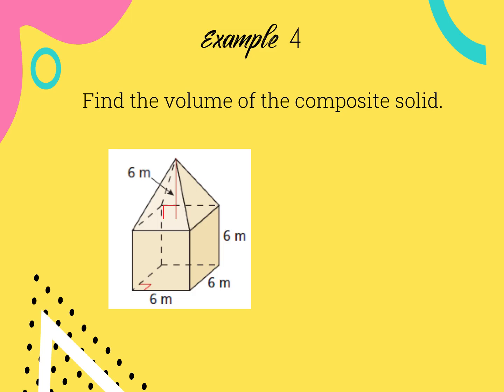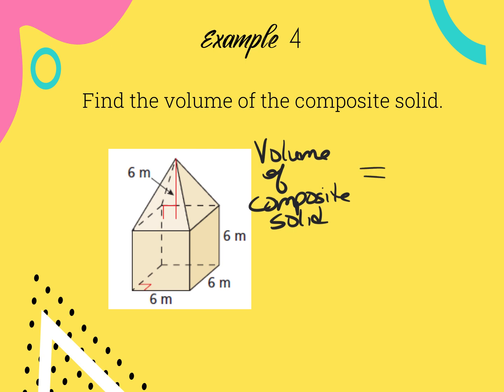So the last one wants us to find the volume of the composite solid. So a composite solid is usually made up of 2 or more solids. So in this case, the volume of the composite solid is going to be found by finding first the volume of the cube and then the volume of the square pyramid on the top.